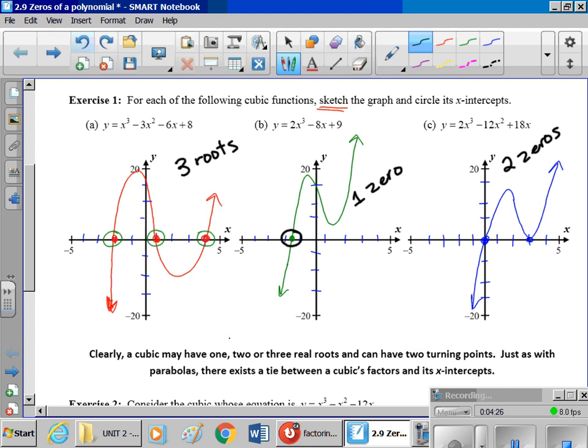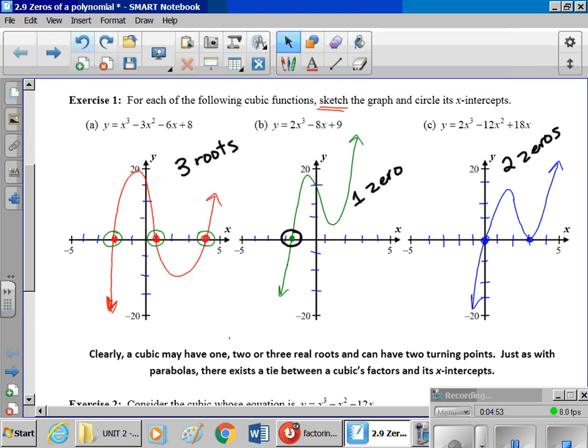So I think what we've learned here is that in a situation where we have a degree 3 or a cubic, we can have 3 roots, we can have 2 roots, or we can have 1 root. I don't think there's any possible way to get 0 roots because at any given time you do have to cross that x-axis. All right, so that's what we came away with in exercise 1.